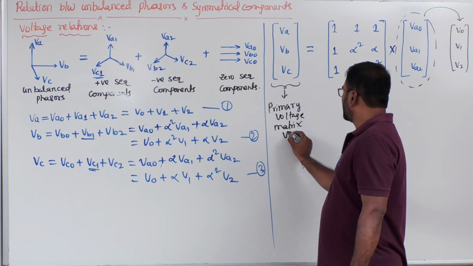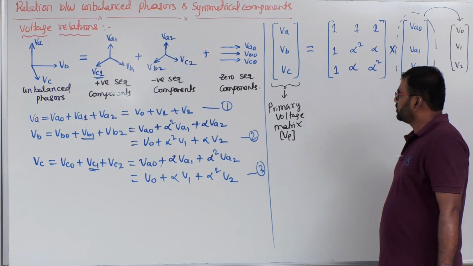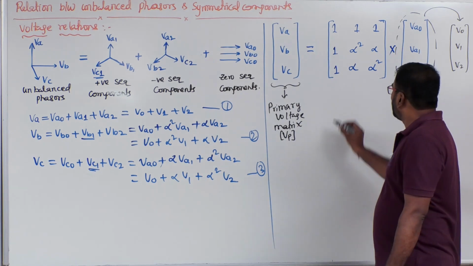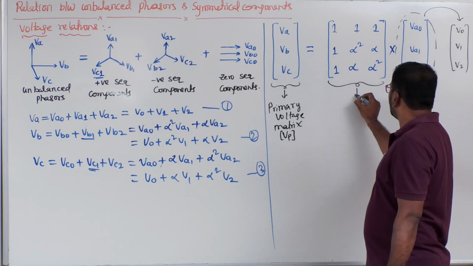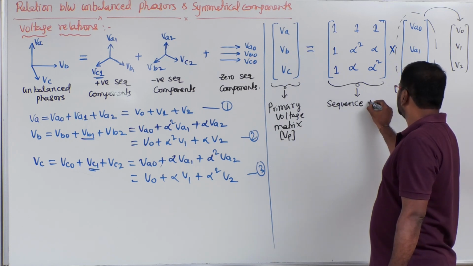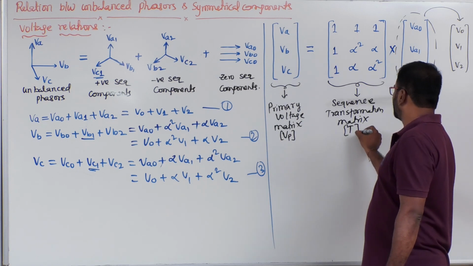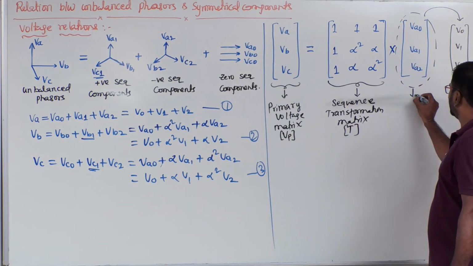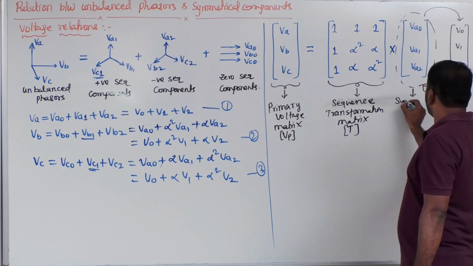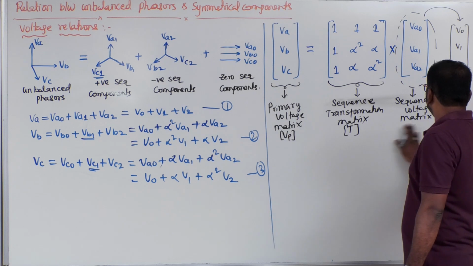In short, we say matrix VP. Clear? Next, what is this matrix called? It is called the sequence transformation matrix. In short we say T. Now what about this sequence voltage matrix? That is simply Vs.